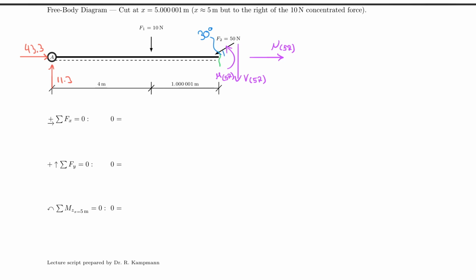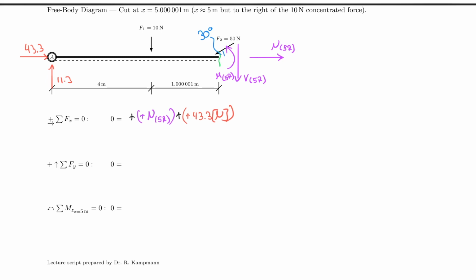I start with my unknown as always, so plus N at 5 to the right is pointing to the right, therefore I make it positive. I now bring in my 43, so plus 43.3 Newton, which needs a direction as well, happens to be positive.